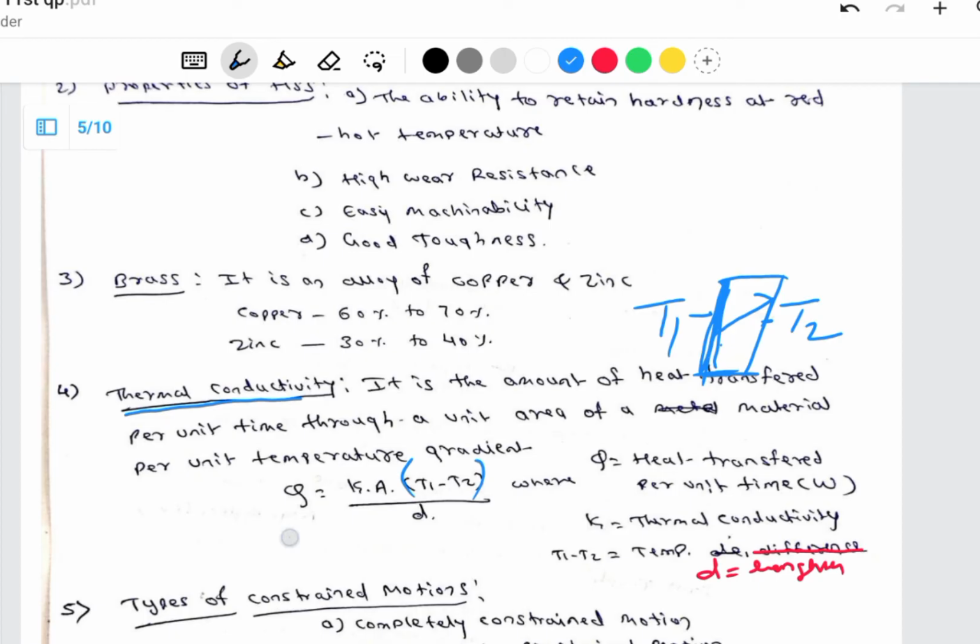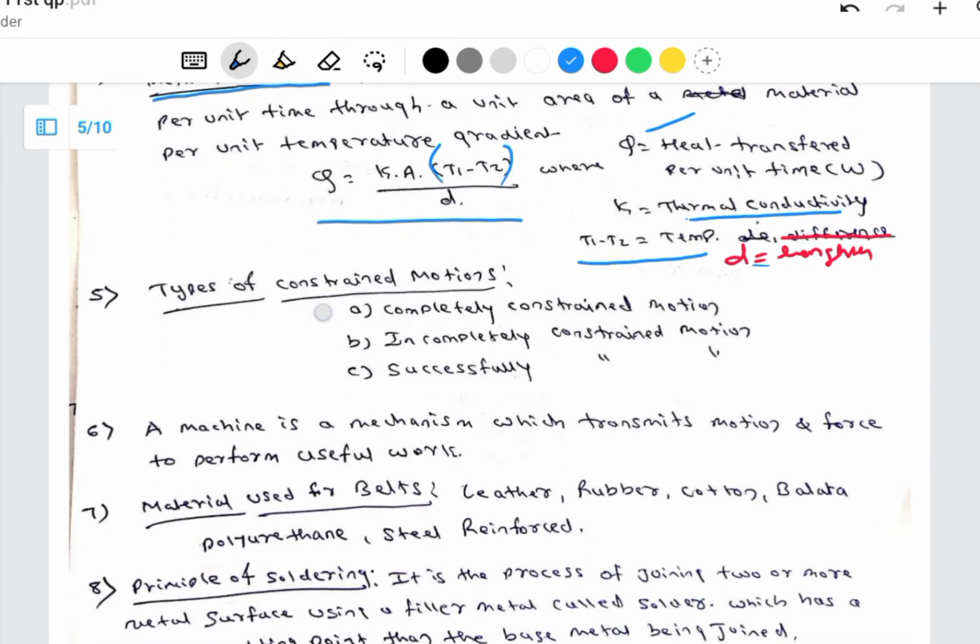There is a general formula to calculate it: Q = KA(T2 - T1)/d. Q is the heat transfer, K is the thermal conductivity constant, T2 - T1 is the temperature difference at both ends, and d is the total length. A is the front area, the area of this side, that you can consider.